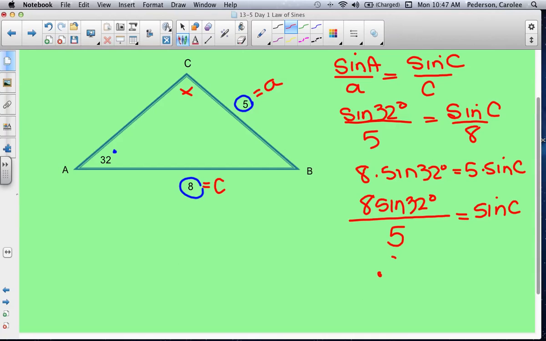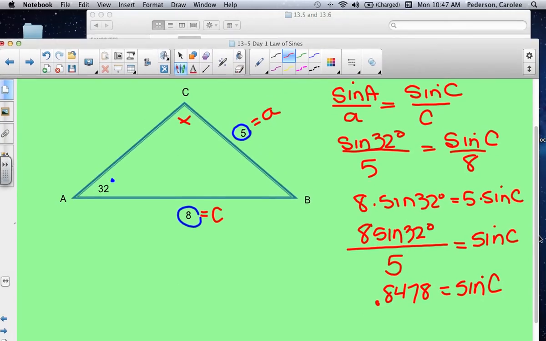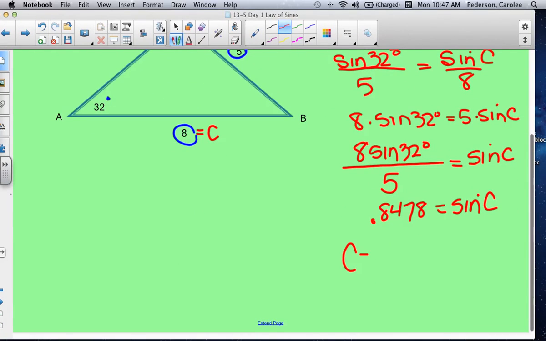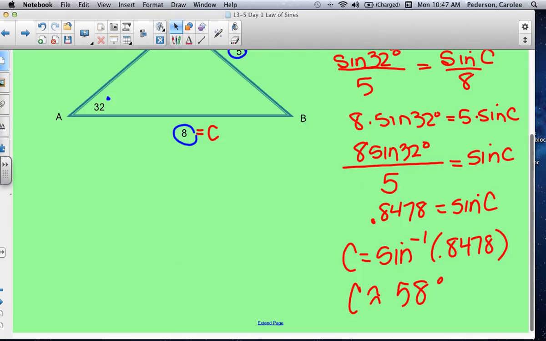And you get a decimal of 0.8478 equals the sine of C. Now we need to use inverse trigonometry to solve for the angle measure. So we say C equals the sine inverse of 0.8478. So sine inverse of 0.8478 is C is approximately 58 degrees. I just round to the closest degree measure. I'm going to stop recording there and we'll pick up with our next recording.